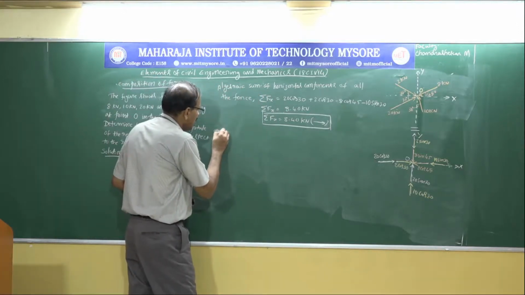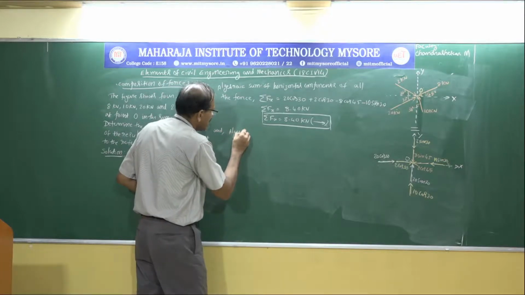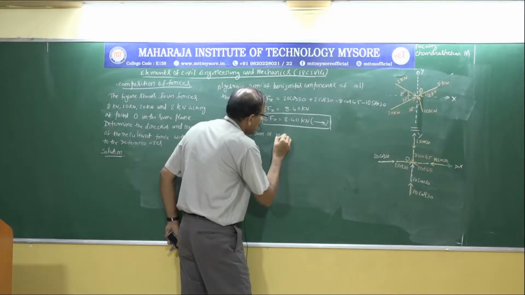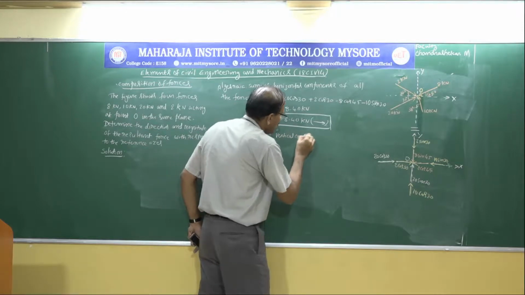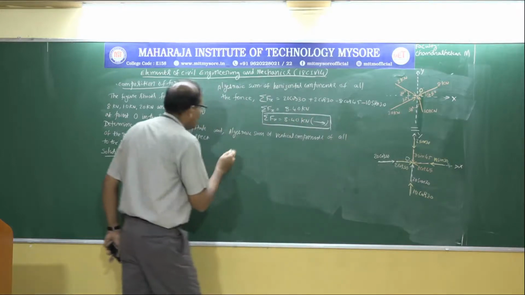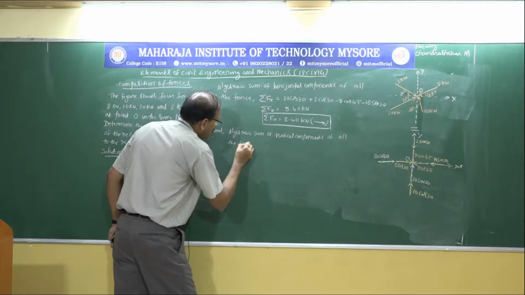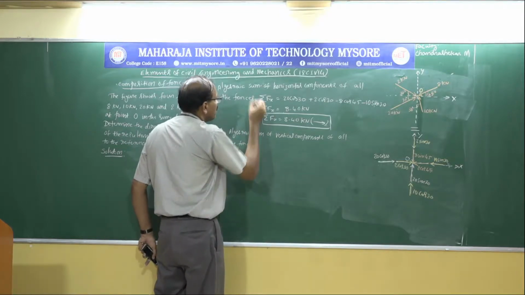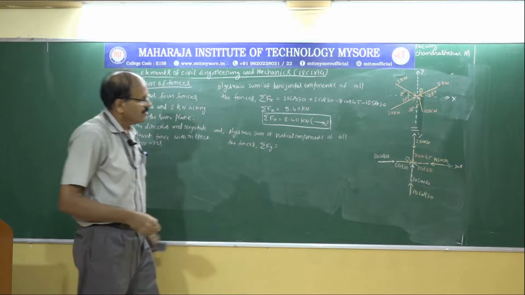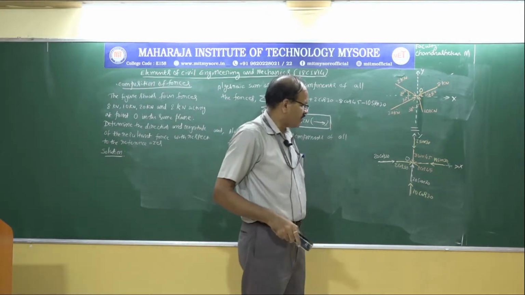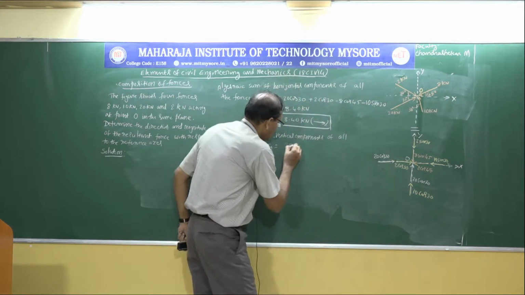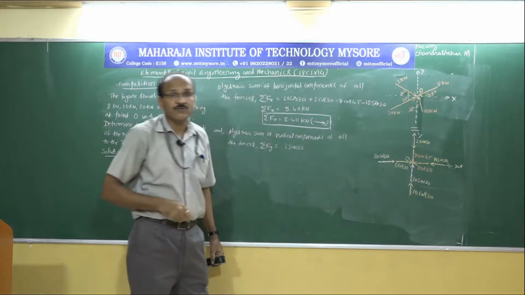And algebraic sum of vertical components of all the forces, so I am going to call this as sigma Fy, that is equal to, so let us take all the vertical forces acting here. 2 sin 30, what is the sign for 2 sin 30?